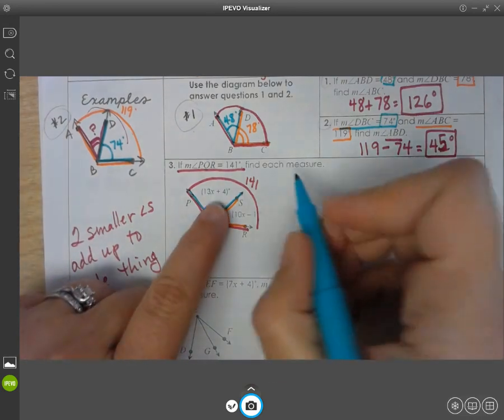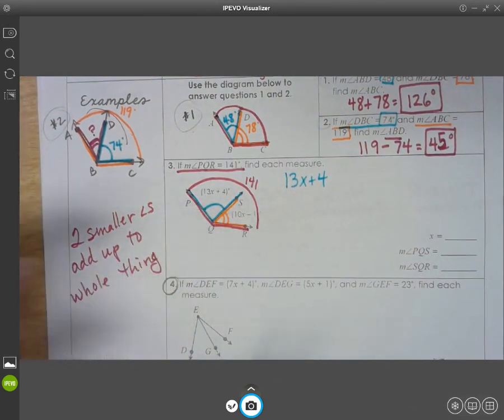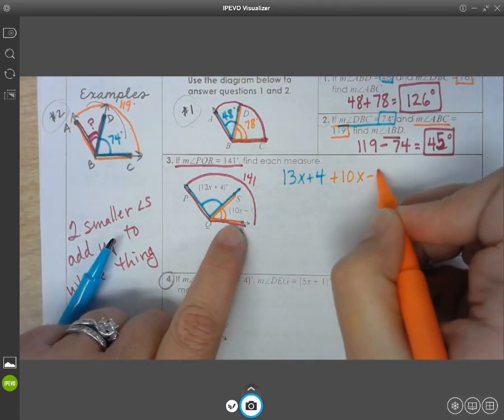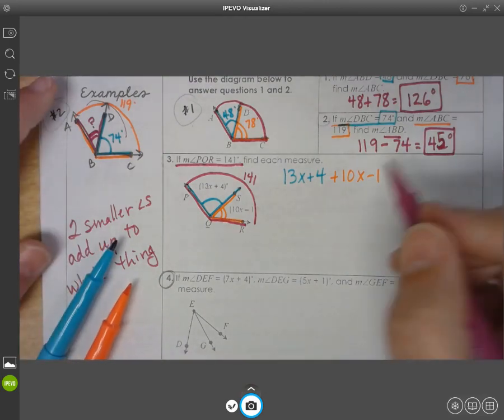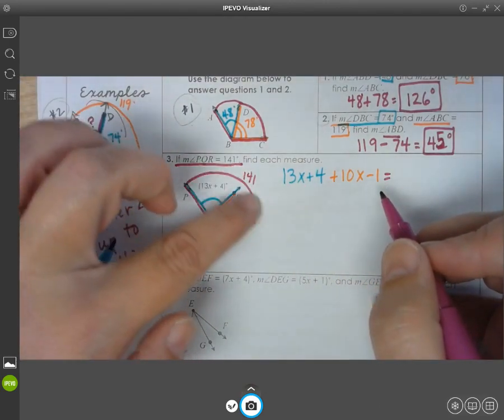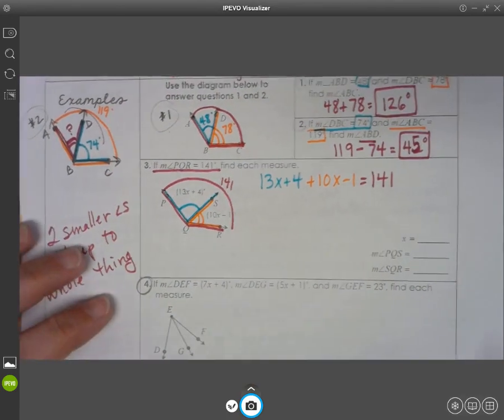So I'm going to start with the 13x plus 4. That's the left angle, plus the one on the right, 10x minus 1. And together, those are going to add up to equal this whole thing, which is 141. Okay?